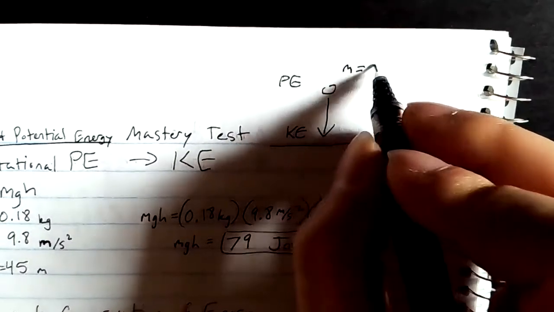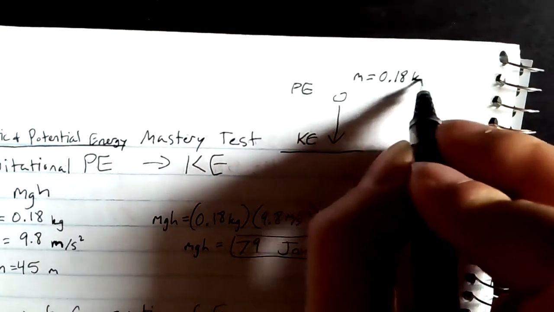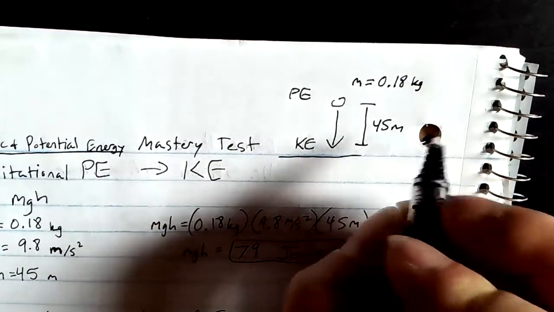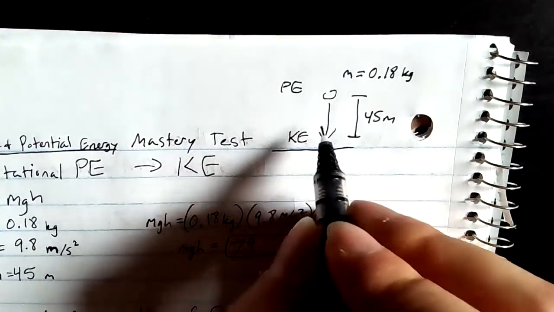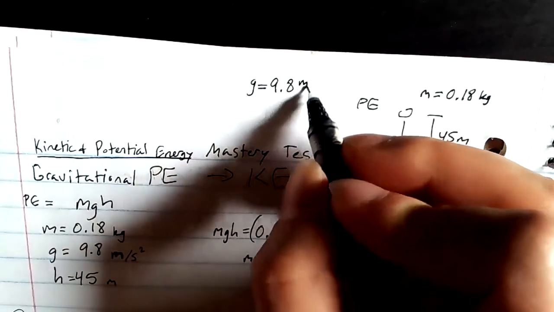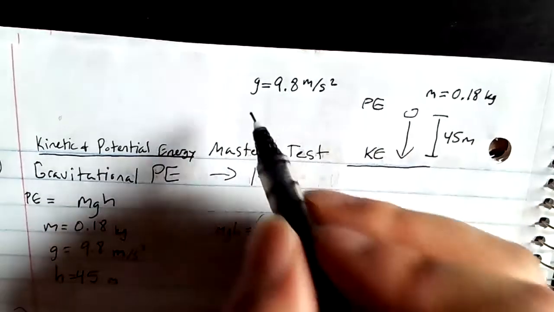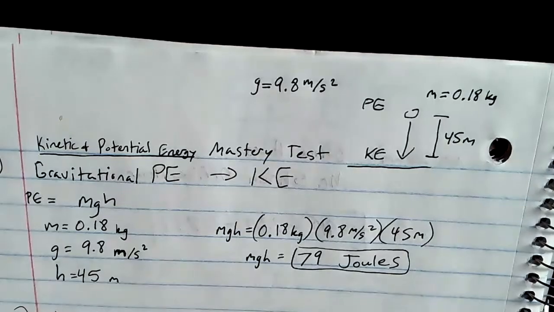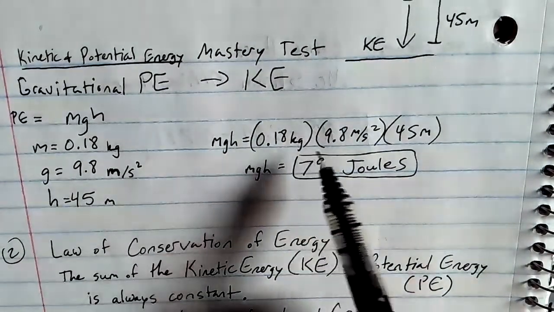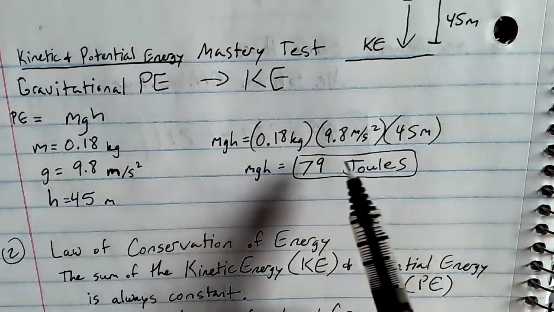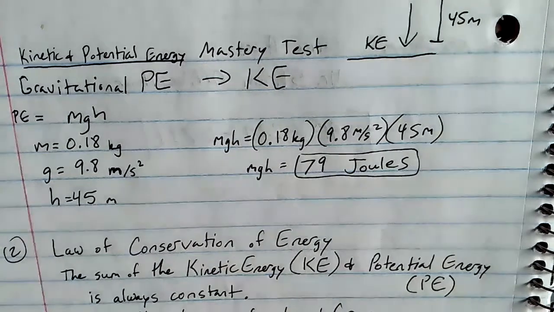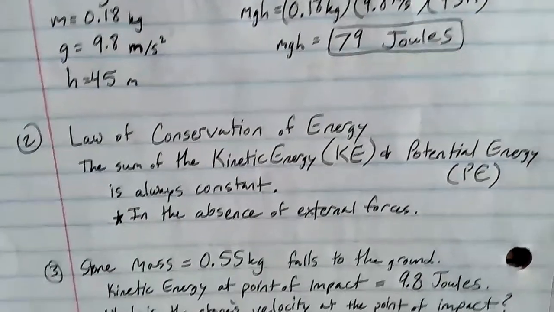So mass 0.18 kilograms, that is 45 meters in height, and g is always 9.8 meters per second squared in the questions we're answering in physical science. If you plug all of that in, that is the answer you get. 0.18 times 9.8 times 45 equals 79 joules of energy.